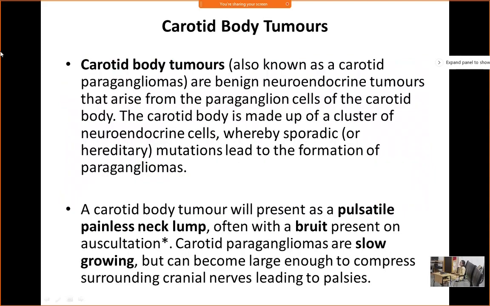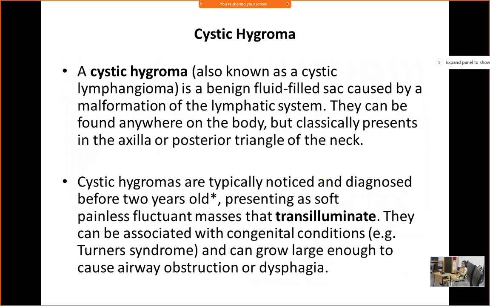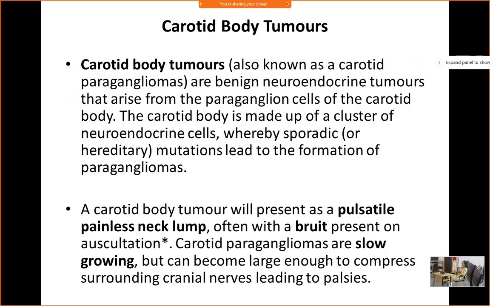In brief, about carotid body tumors. It is also known as carotid paraganglioma. So from the name itself, just as you know the synonym of cystic hygroma is cystic lymphangioma, so you will know that it is a malformation of the lymphatic system. And the other synonym for carotid body tumor is carotid paraganglioma.